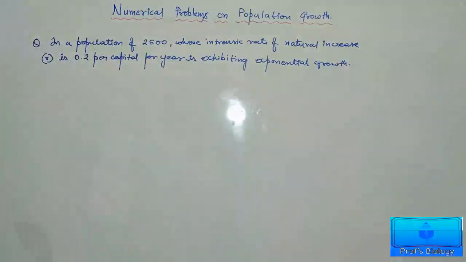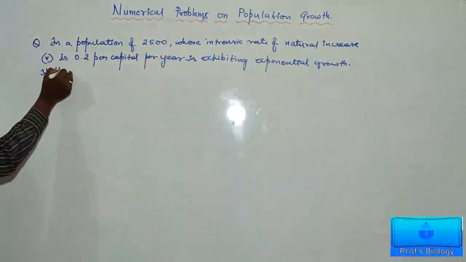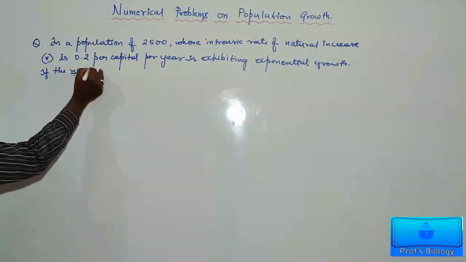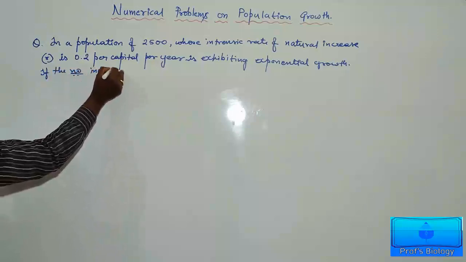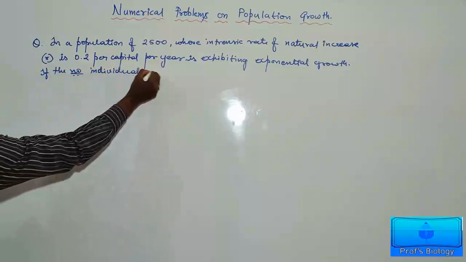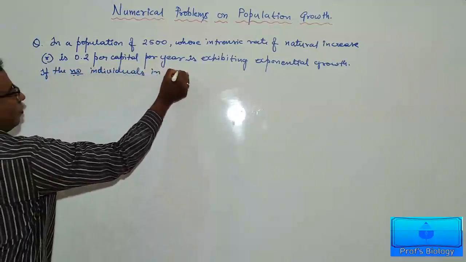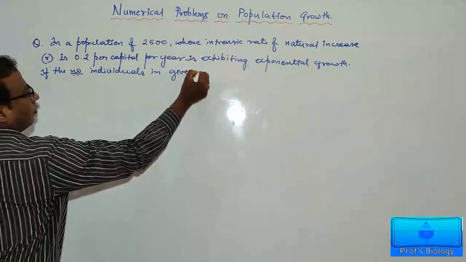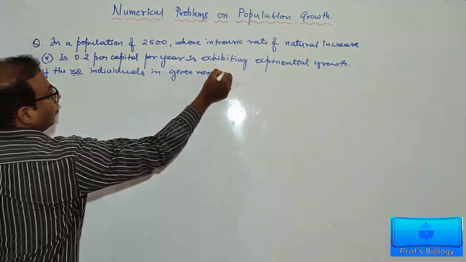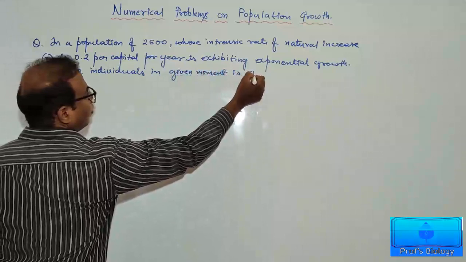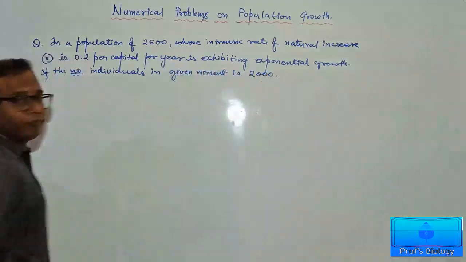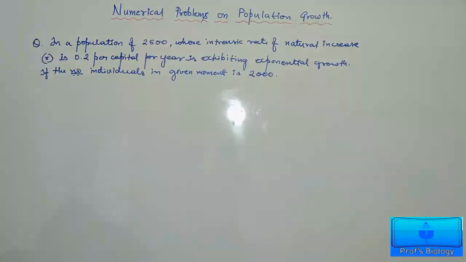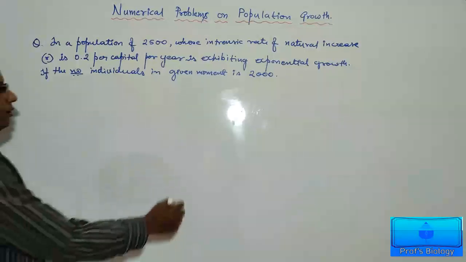If the number of individuals at a given moment is 2000, calculate the population size after 1 year.